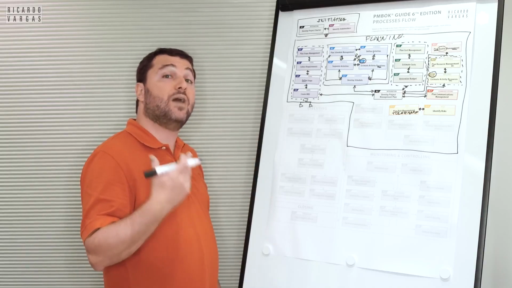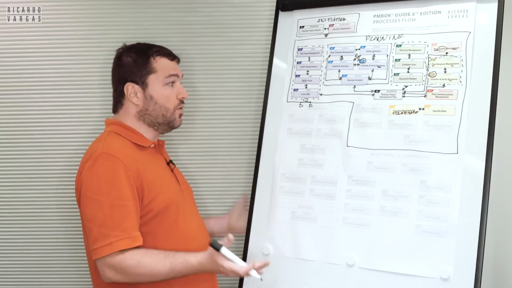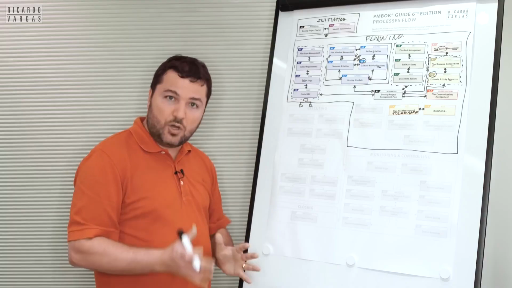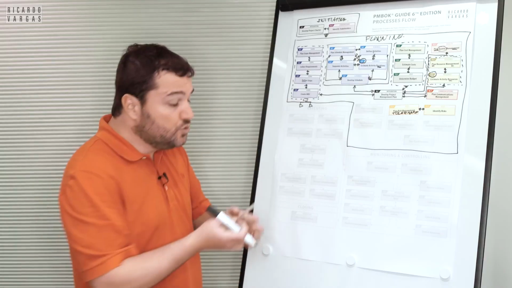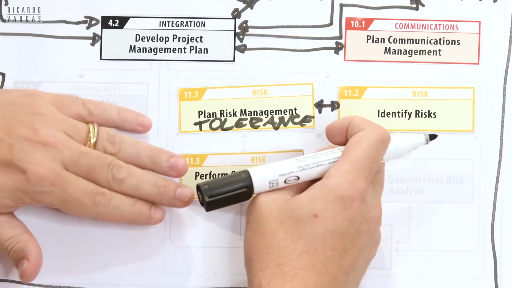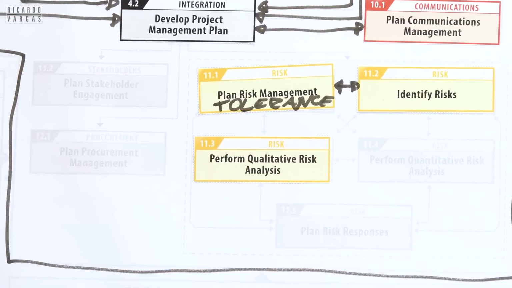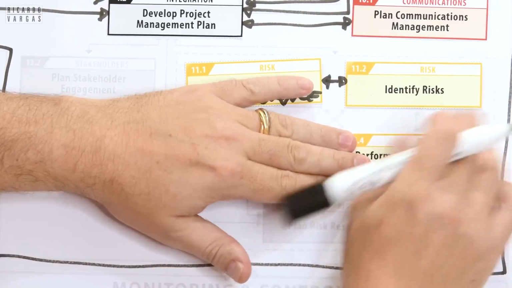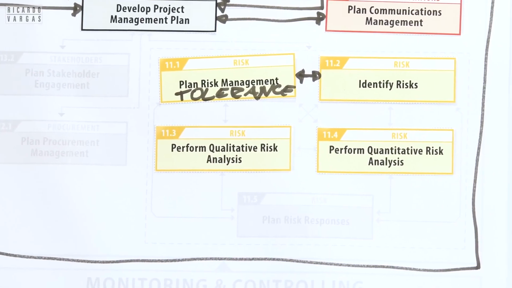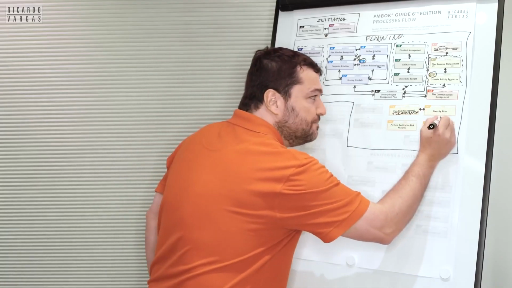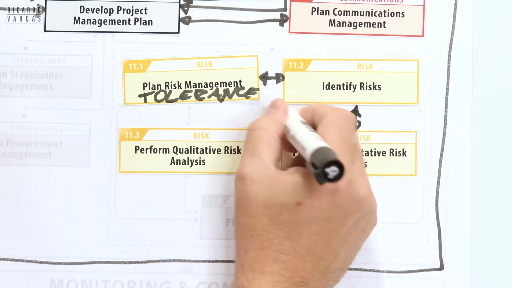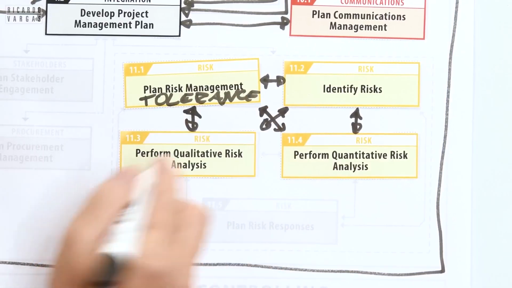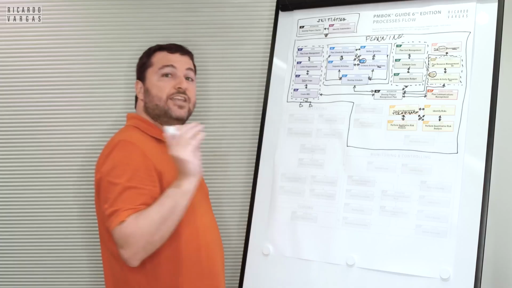What do you need to do after that? You cannot say, I will answer everything. Most of the time it's just impossible. So what do you do? You do two things: a qualitative risk analysis and a quantitative risk analysis. So you do both. What is the difference between these two items? Qualitative, I use a scale.